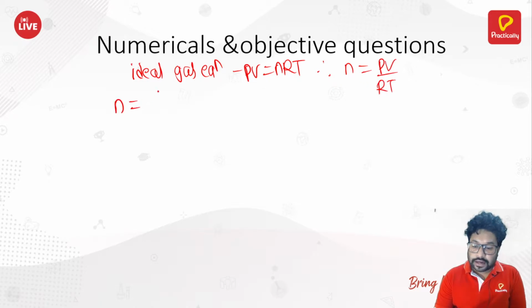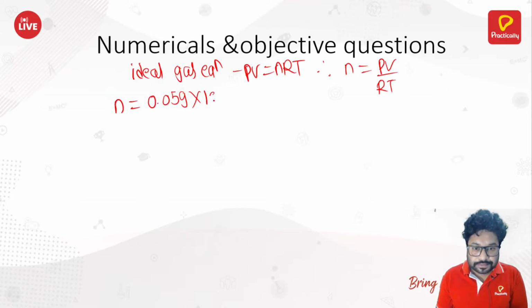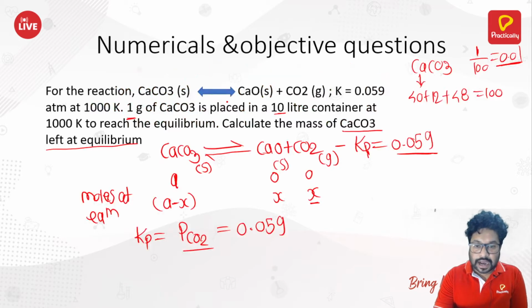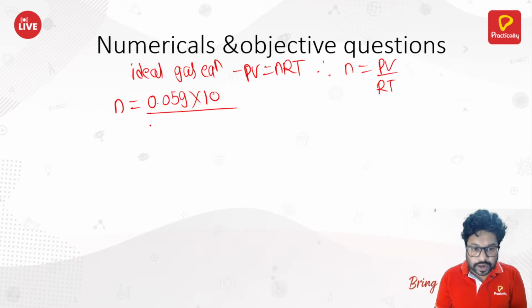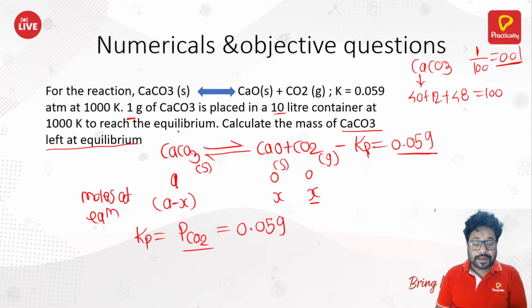And you need to calculate. P is already given there. How much is the P? 0.059 atm, multiplied by volume. How much is the volume? 10 liters. How much is the R? 0.0821, multiplied by your temperature.